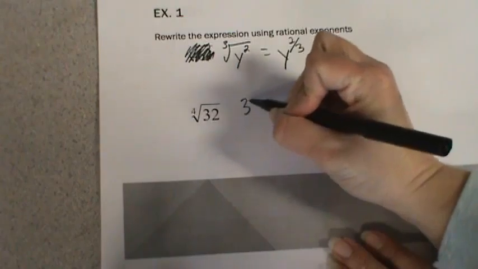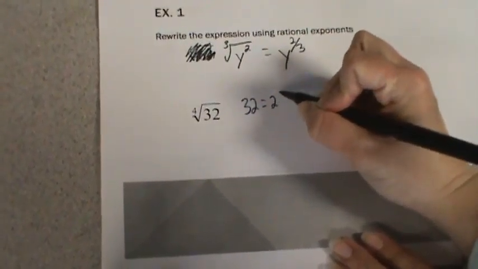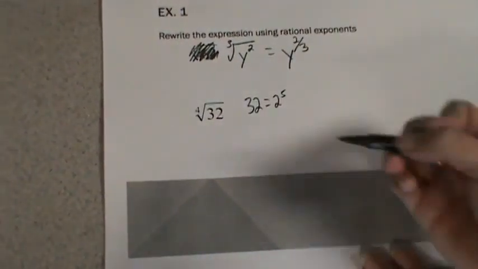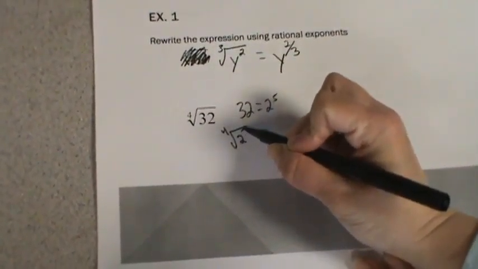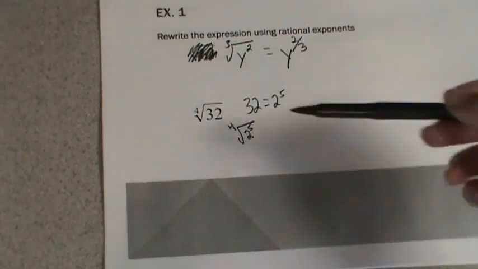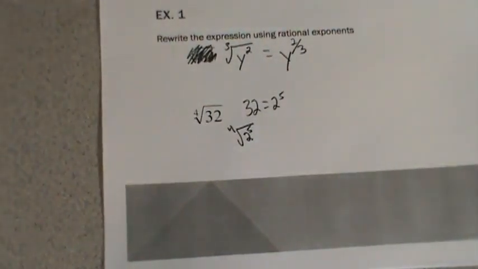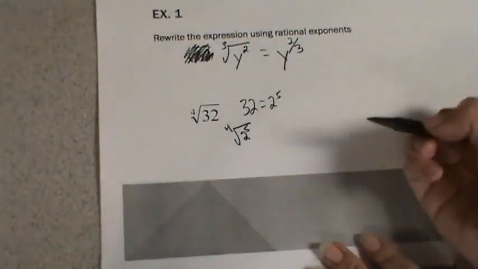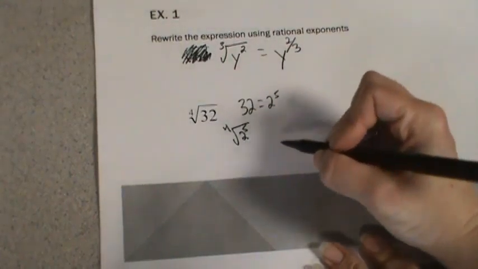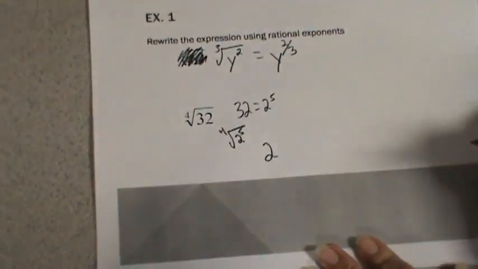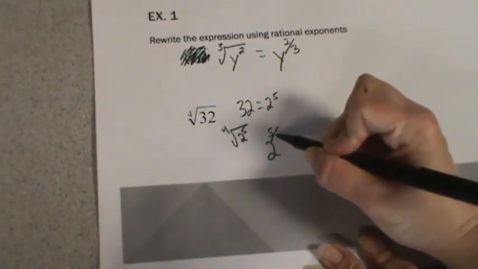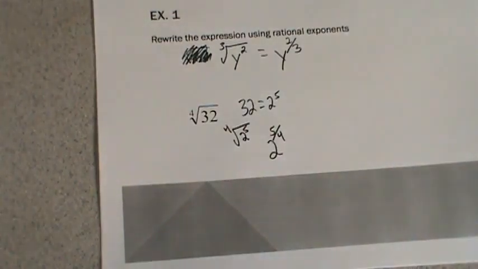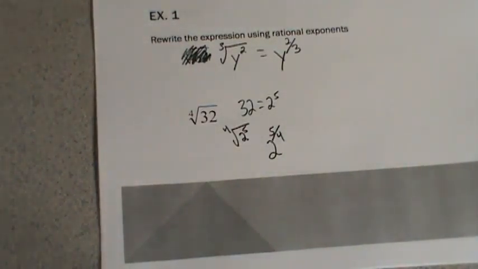So since 32 equals 2 to the 5th, it's the same as having the fourth root of 2 to the 5th. I'm replacing the 32 with its broken down form, and then I'm going to write it with the fractional exponent. My base here is 2, the inside number is 5, so it goes on top, and the root is 4. So that's the same as 2 to the 5/4 power.